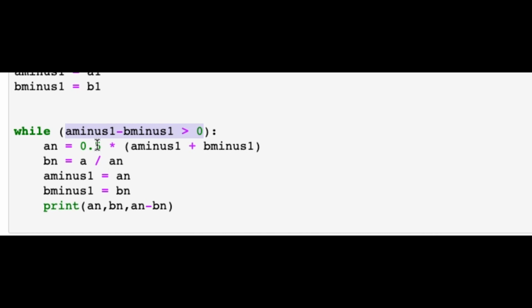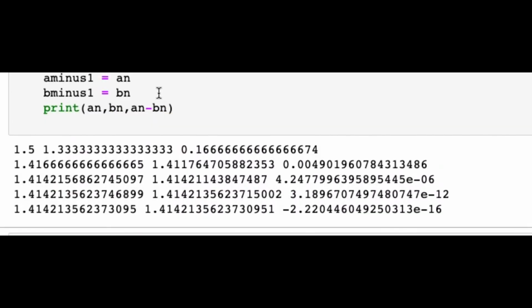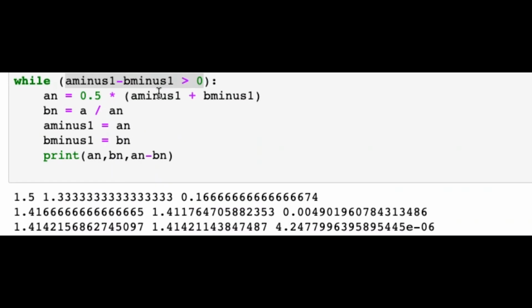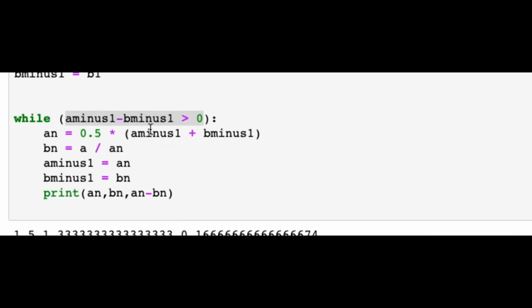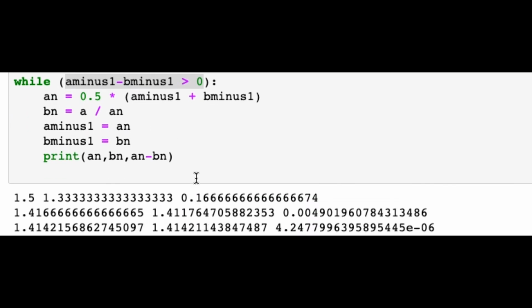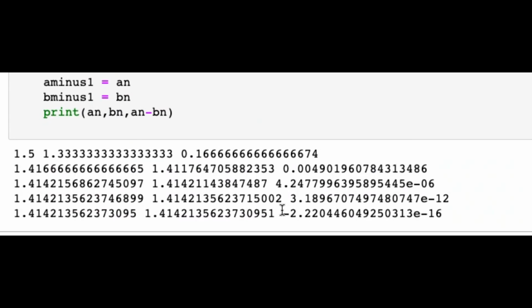Okay, so let's run this and see what we get. As we saw when we did it manually, we started with 1.5, 1.33. We keep going until this number here is 0. This is the difference between the two.